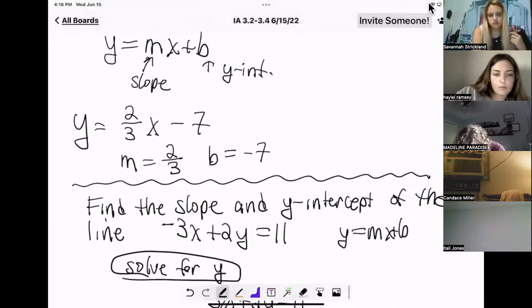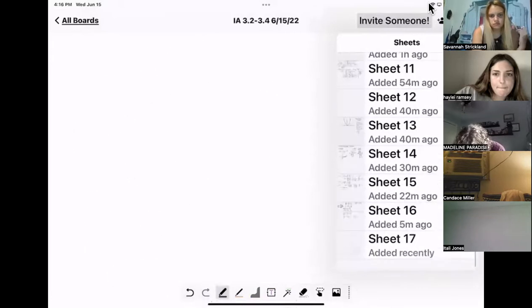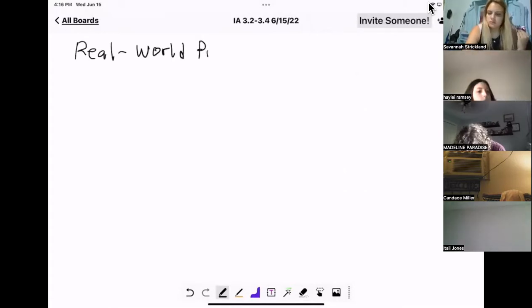All right, let's do a real life problem that uses slope. I call it a real world problem.